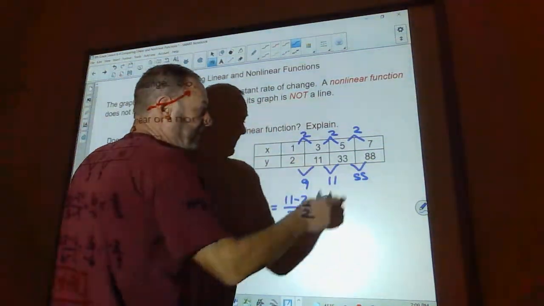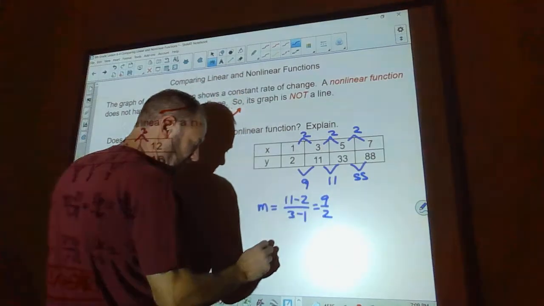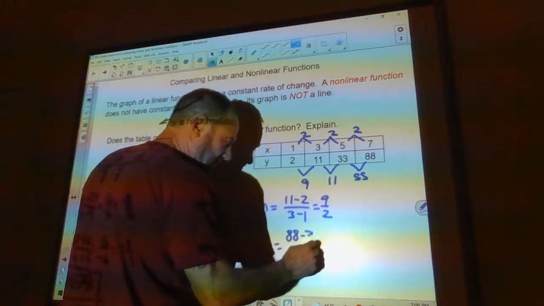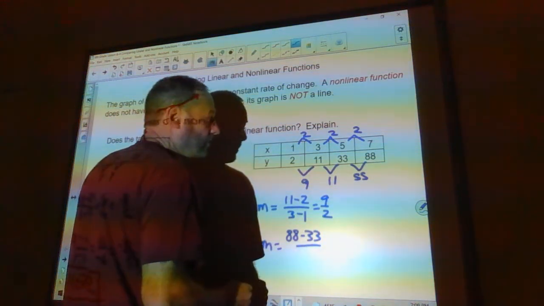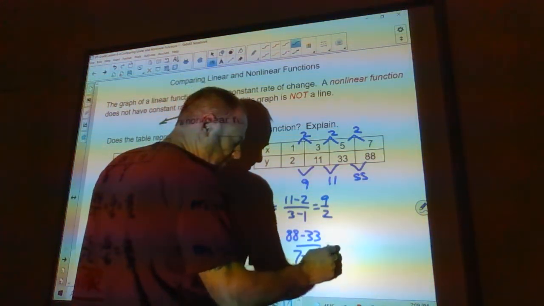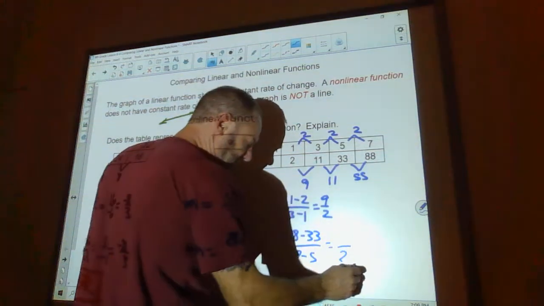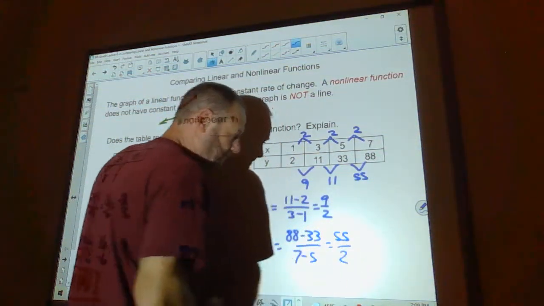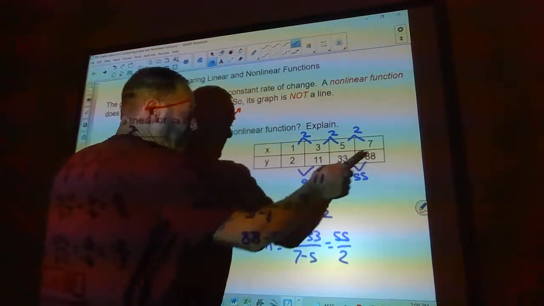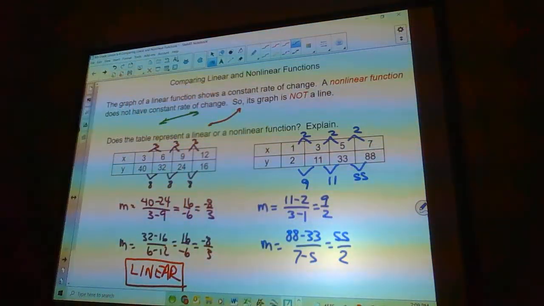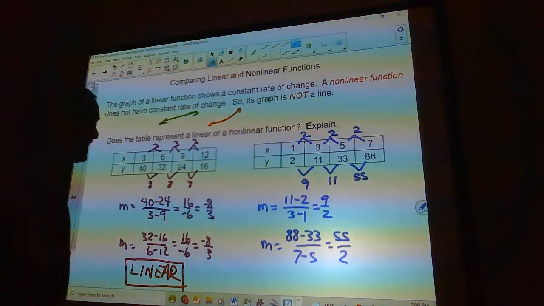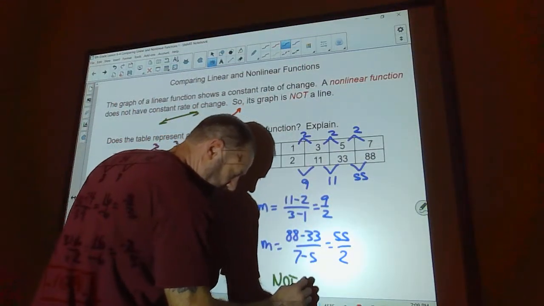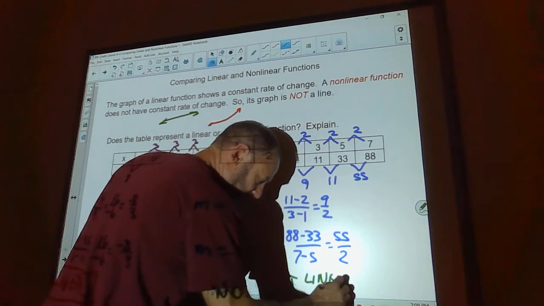Now, if I calculate the slope from here to here, that's going to be 88 minus 33 over 7 minus 5, which the bottom is still 2, but the top is now 55. This thing's getting steeper as you go this direction. So this is not linear right here. The slope changed.